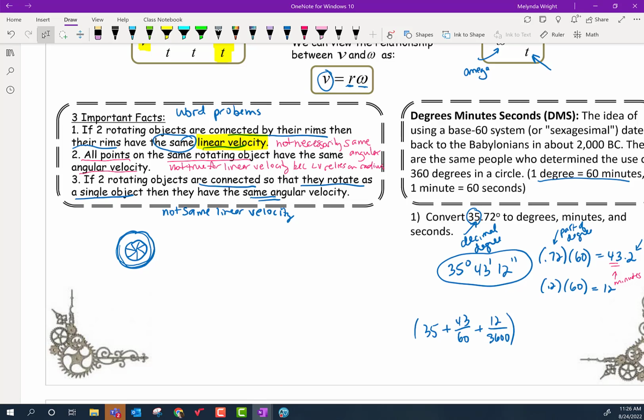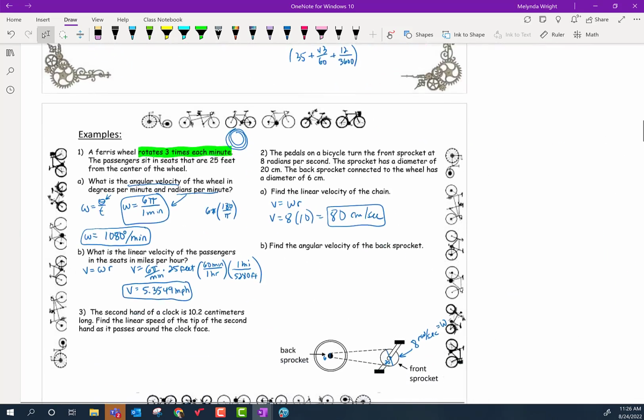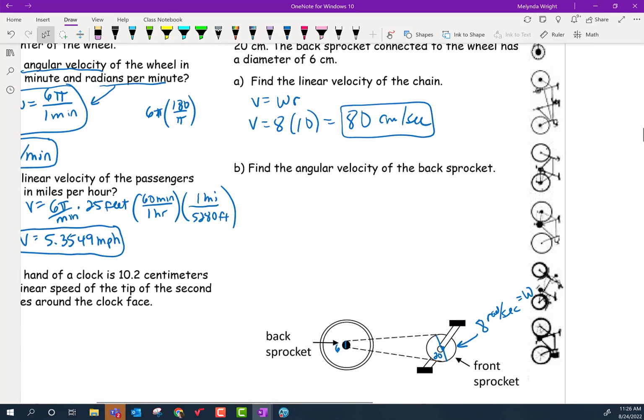So they do, right? That's why those little things are important. So this back sprocket has a linear velocity of 80 centimeters per second, and this front one is 80 centimeters per second.